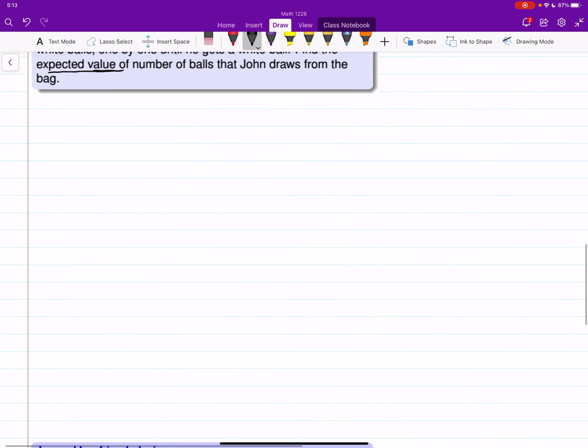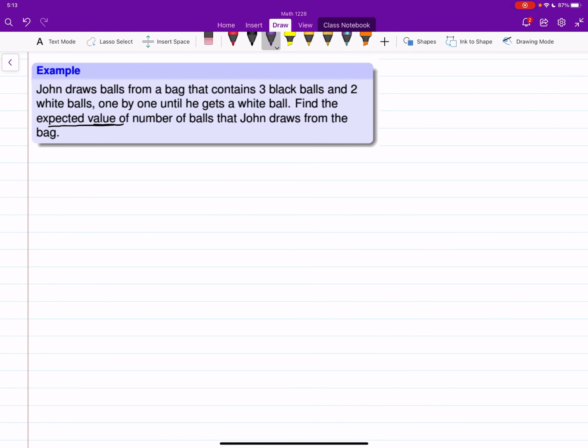Well, before we studied the random variable, so here X is the random variable that counts the number of balls drawn by John.